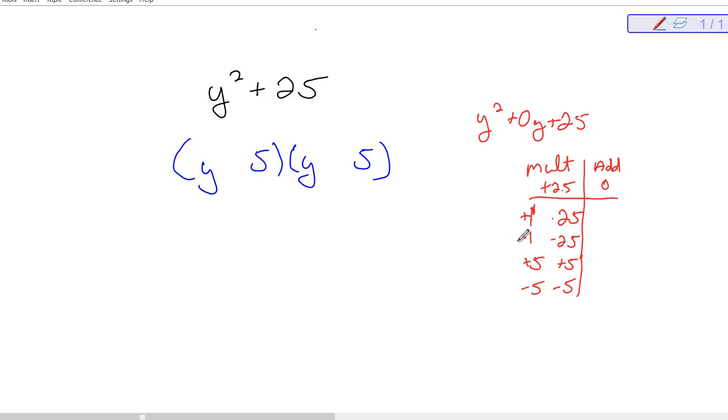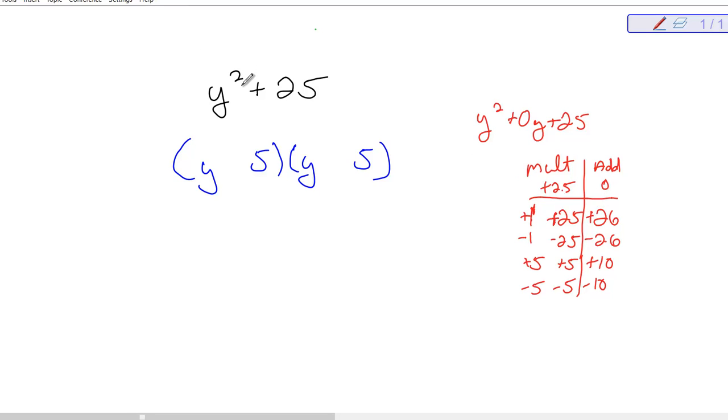Because remember, I want it to multiply to give me a positive 25, so I have to make sure that they have the same sign. Now when I add these together, that gives me positive 26, negative 26, positive 10, or negative 10. None of these combinations actually add together to give me 0.